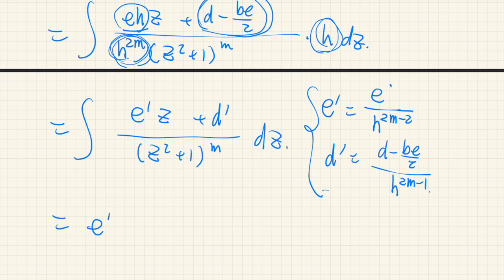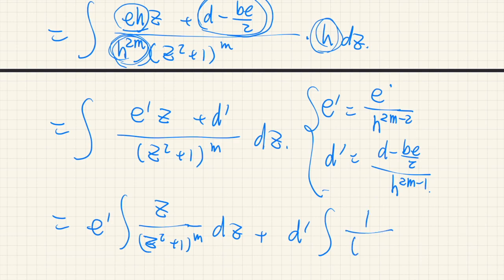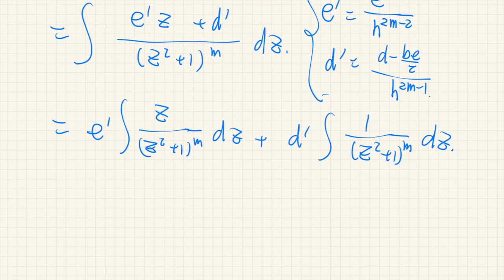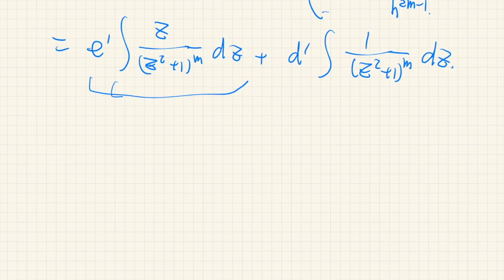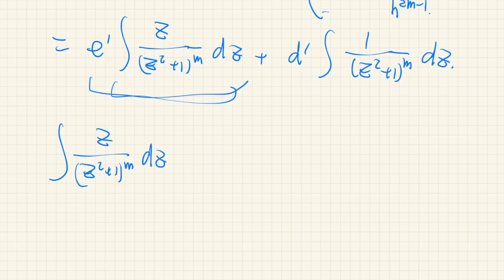So we can split this integral into two parts. One is e prime times the integral of z over (z squared plus 1) to the power of m dz, plus d prime times the integral of 1 over (z squared plus 1) to the power of m dz. And the first one is easier to calculate. Again, we need to consider two cases.